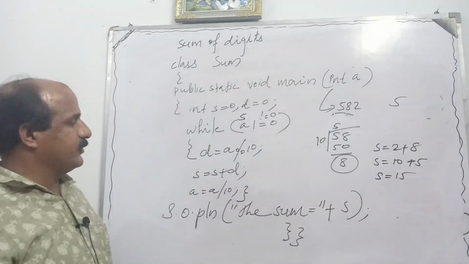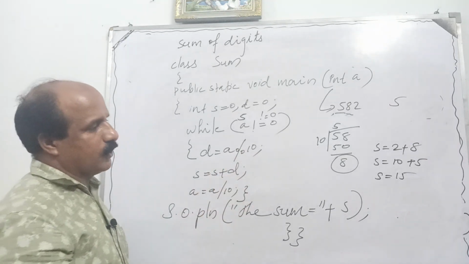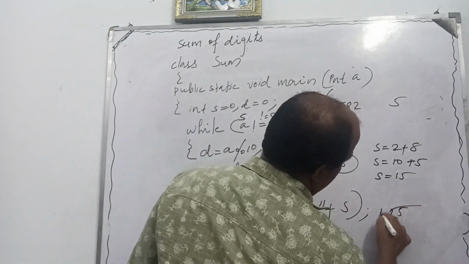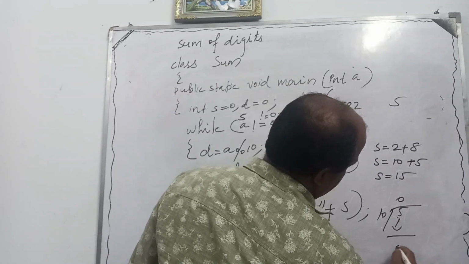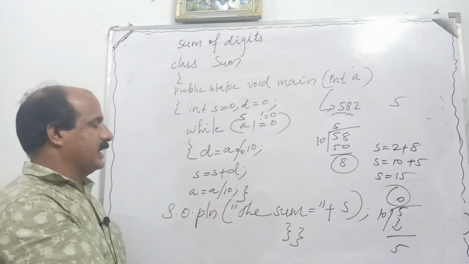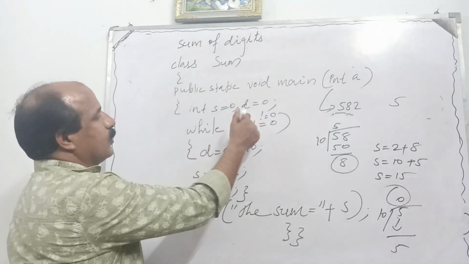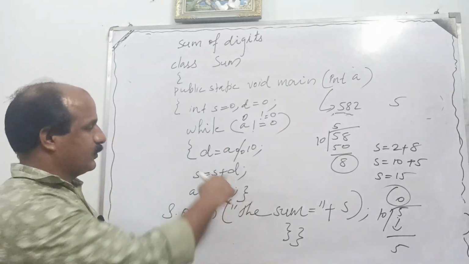Now A is equal to A divided by 10, which gives 0. Checking 0 not equal to 0, the condition becomes false. Out of the loop.